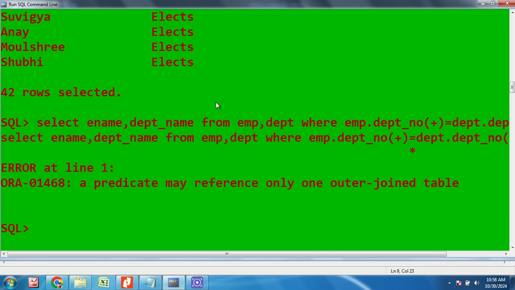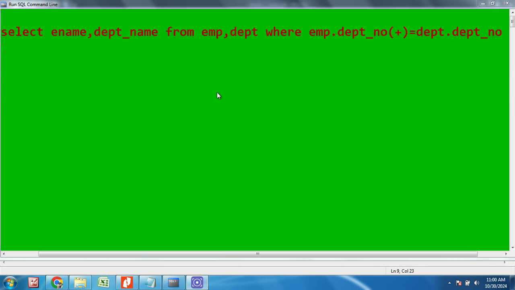Just see the syntax. For that I will use the union of left outer join and right outer join. So this is an example of right outer join. We have written select ename, dept name from EMP, DEPT where EMP.department number equals to DEPT.department number. The plus sign on the left hand side means it is a right outer join.